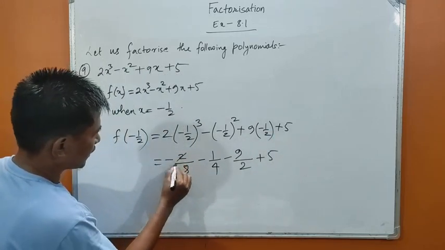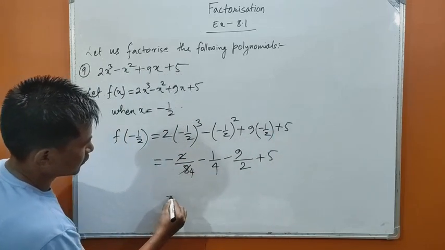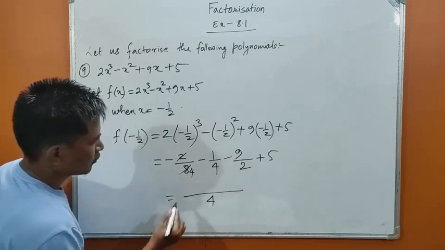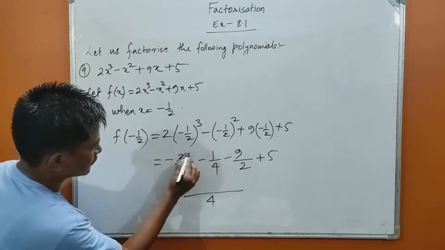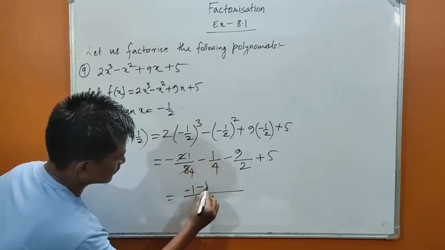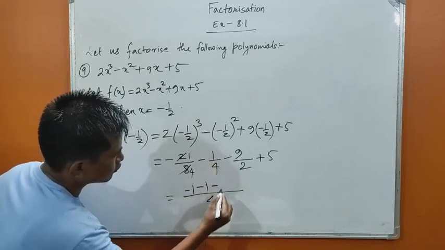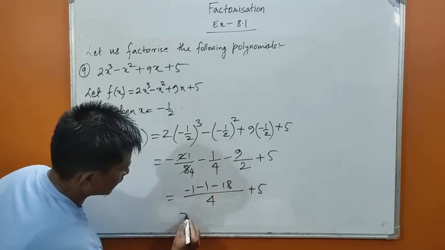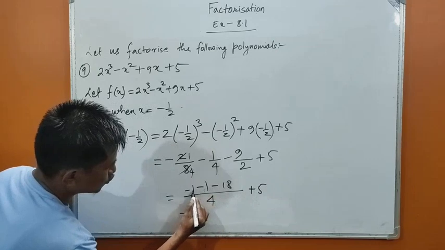So here I have 2 4s 8. So 4 4 2. I take the LCM 4. 4 ones are 4, minus. Here we have 1, so minus 1. Again minus 1, minus 2 2s are 4. 2 9s are 18, plus 5. 18, 19, 20, isn't it?